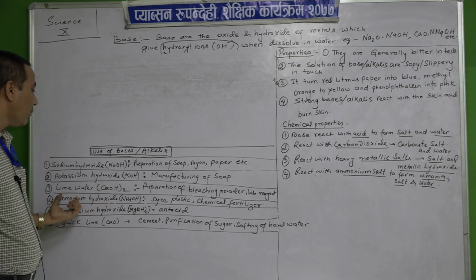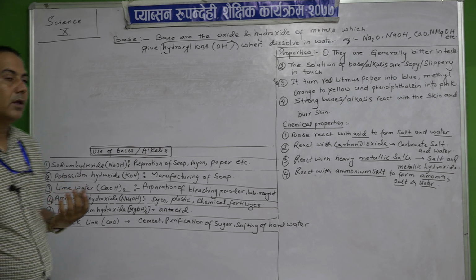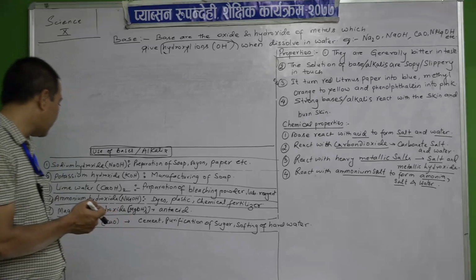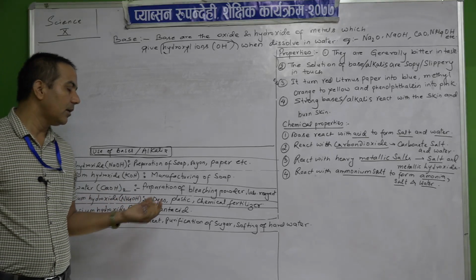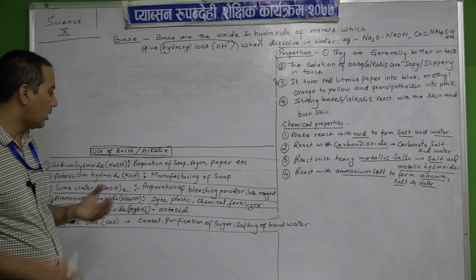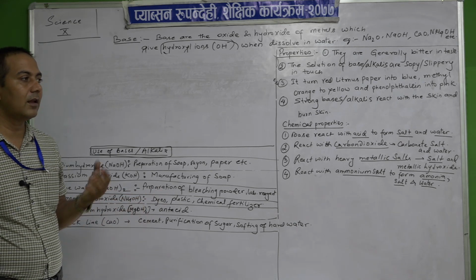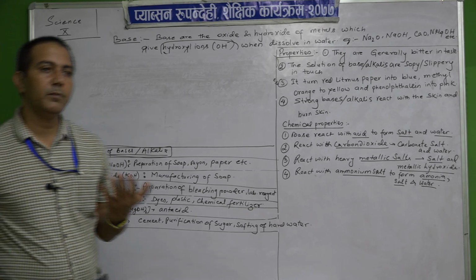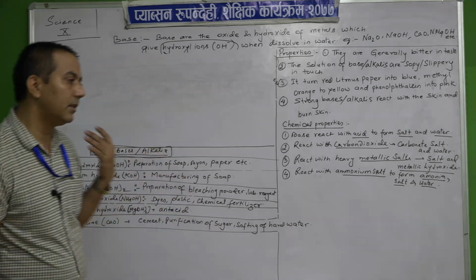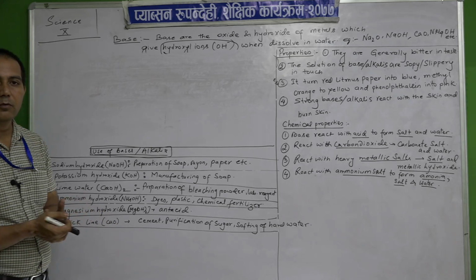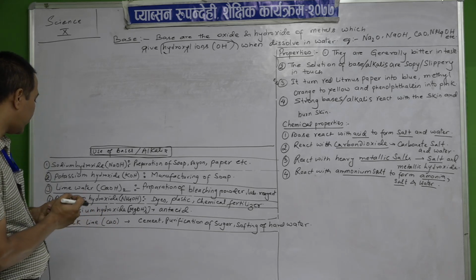Then the next one, ammonium hydroxide, is used for the preparation of chemical fertilizers, plastics, or dye. Dye may be the color of hair or the color of cloth, so for dyeing we use ammonium hydroxide.